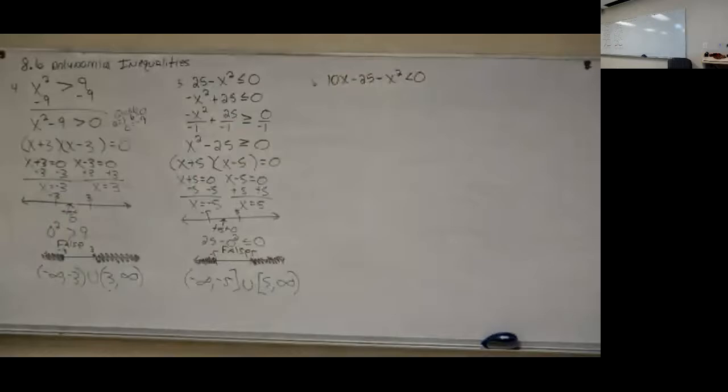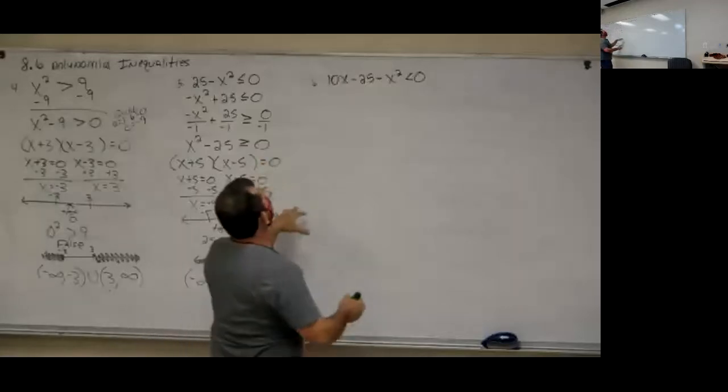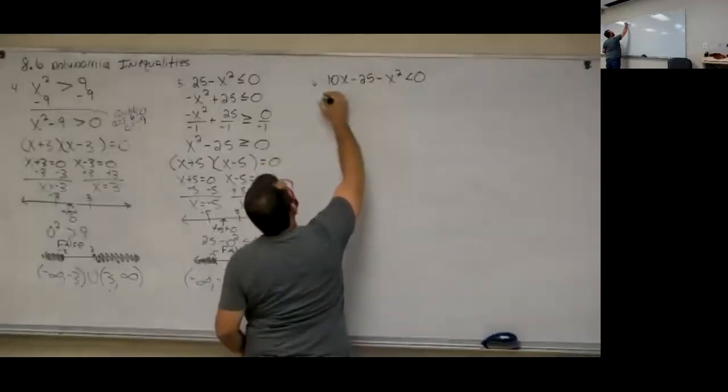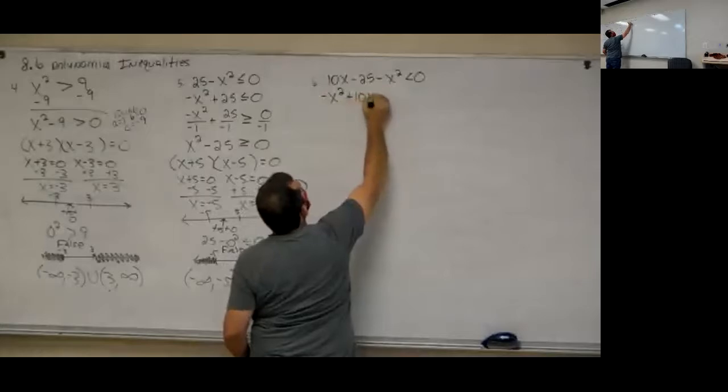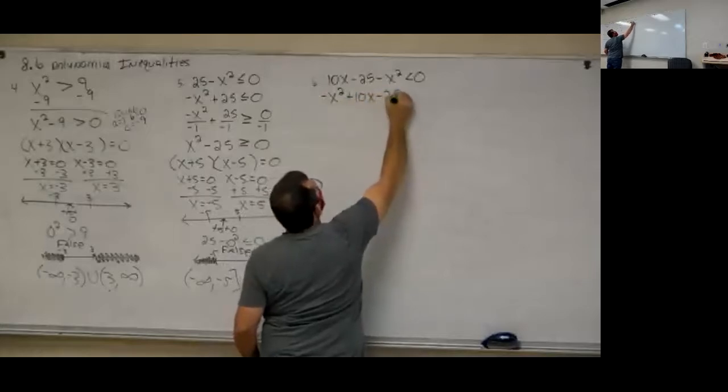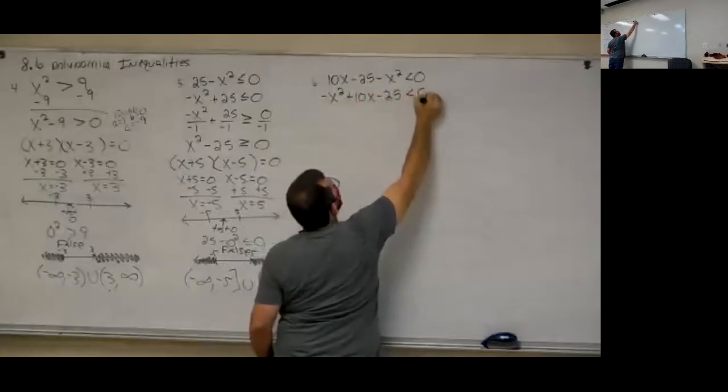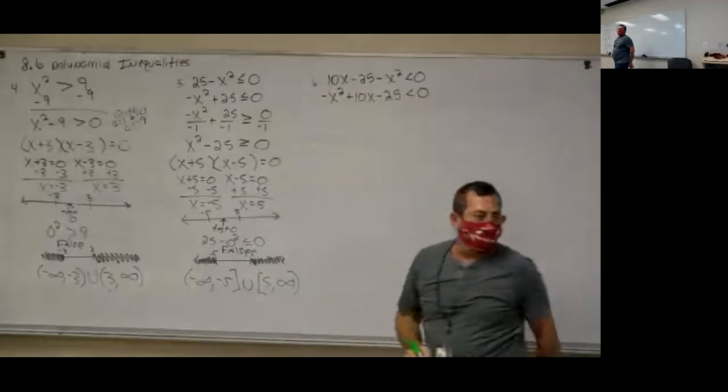So y'all, first thing I'm going to do is rearrange that. I want that x squared first, then the x, then the number. So it's going to give me a -x squared plus the 10x minus 25 is less than 0.